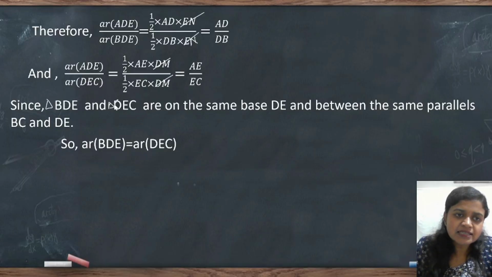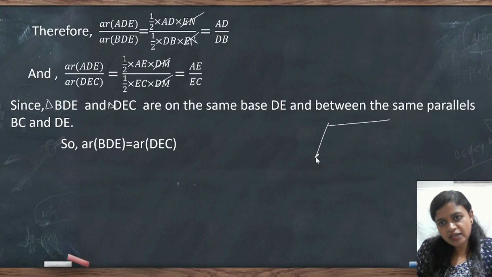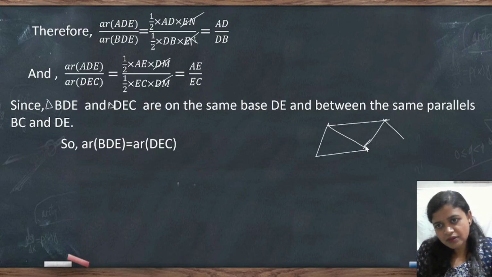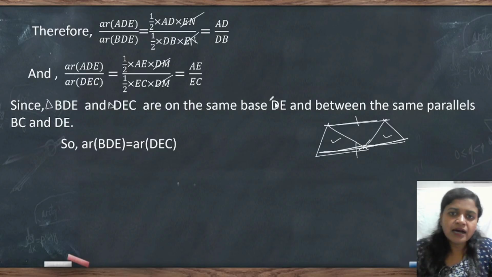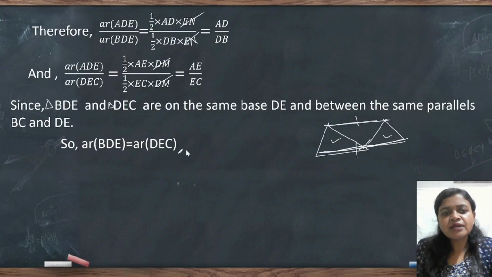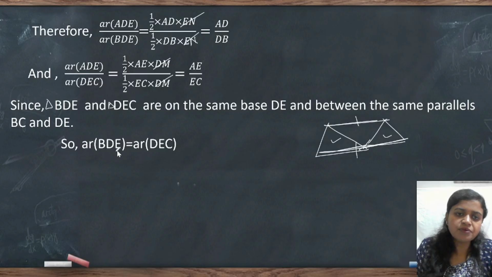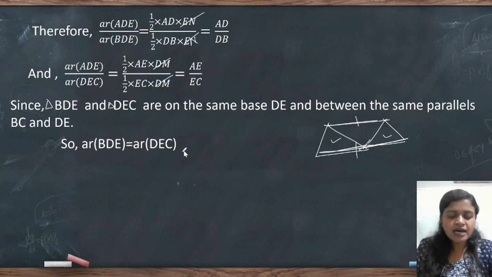In class 9 we learned that whenever there are two triangles like this, there is a theorem: if triangles are on the same base and between the same parallels, their areas should be the same. That's why the area of triangle BDE and the area of triangle DEC are the same.